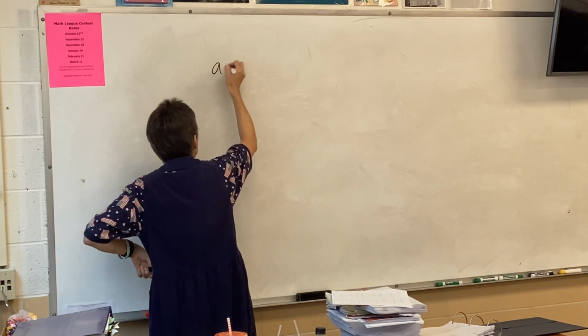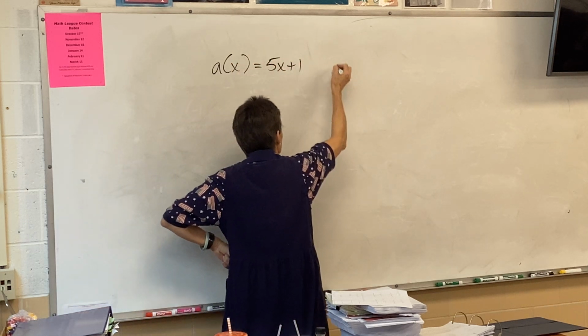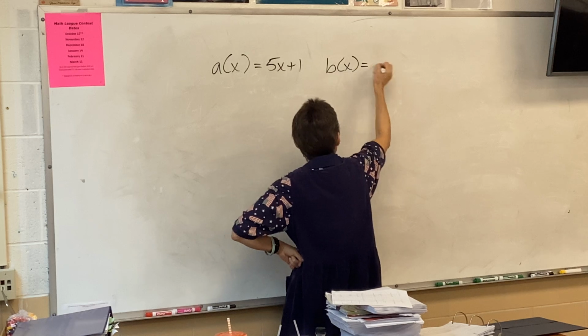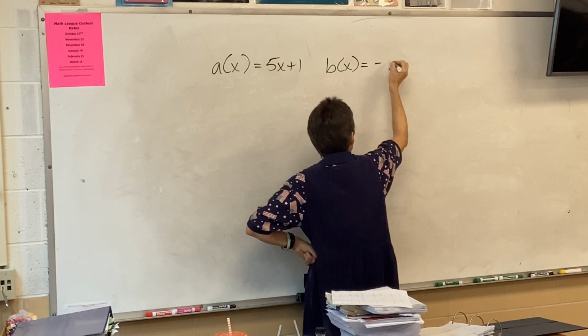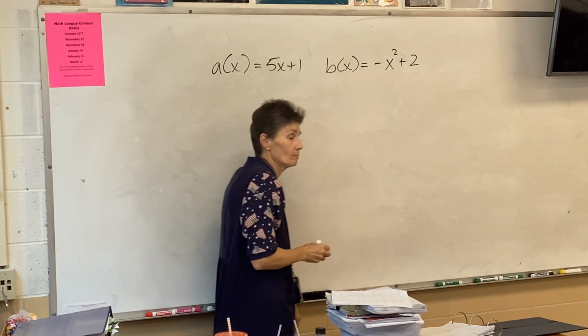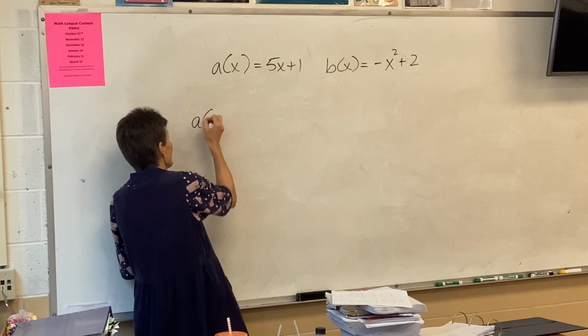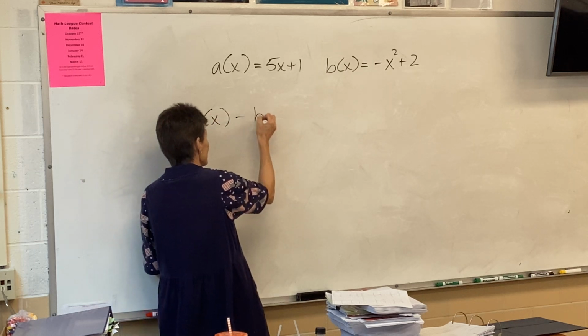So I'll make up a couple functions. a of x is 5x plus 1, and b of x is negative x squared plus 2. Okay, here we go. So why don't we do a of x minus b of x?